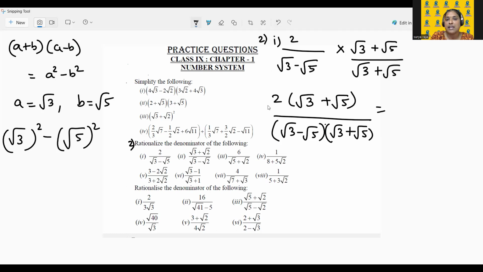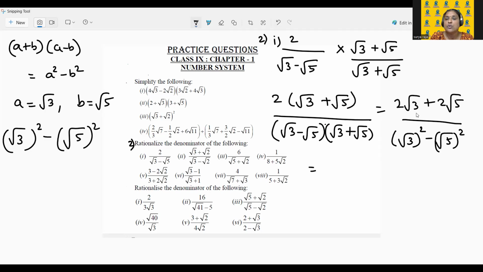I'm just multiplying the 2 inside, expanding. 2 root 3 plus 2 root 5 by a square minus b square, right? So we have 2 root 3 plus 2 root 5 as different terms. If we see like terms, we can add, but we cannot add here.